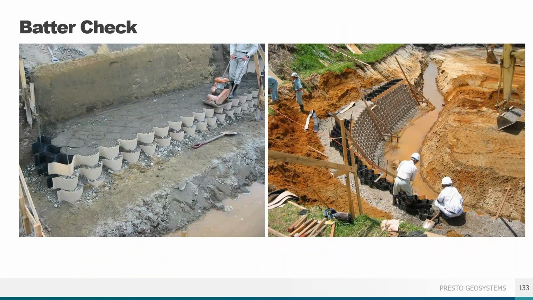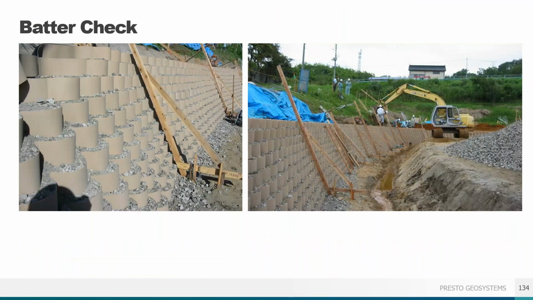Notice the cell alignment vertically from one lift to the next in the curved area in the photo on the right, and how the batter check boards help keep that consistency all through. Batter checks are a good pro tip to help you build beautiful walls. These project photos are from our Japanese distributors, and they have built many beautiful walls.